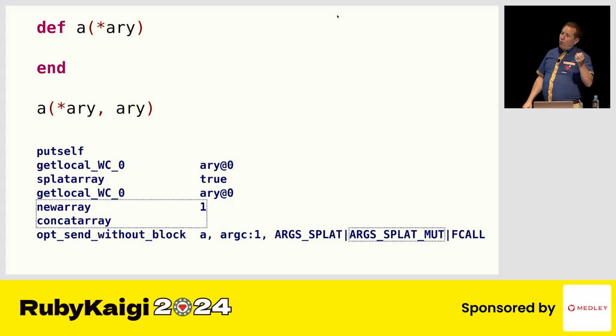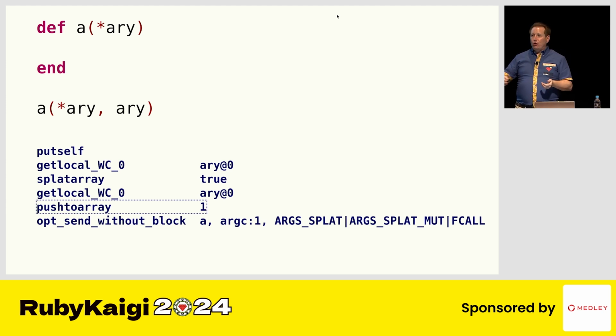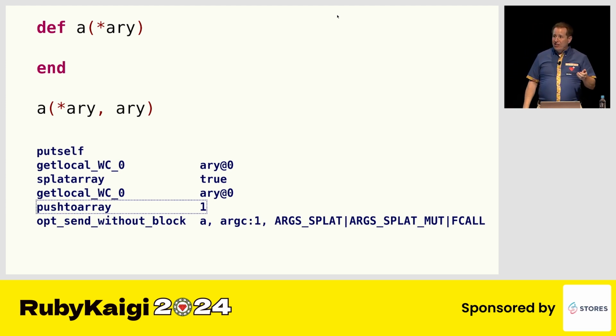So to achieve our goal, we need to eliminate the allocation for both of these instructions. And I achieve that goal by adding a push2array instruction. And this instruction is similar to the new array instruction in that it pops the given number of objects off the VM stack. But instead of creating a new array with the objects, it pushes each of the objects that you popped off the stack to the array that's currently at the top of the stack.